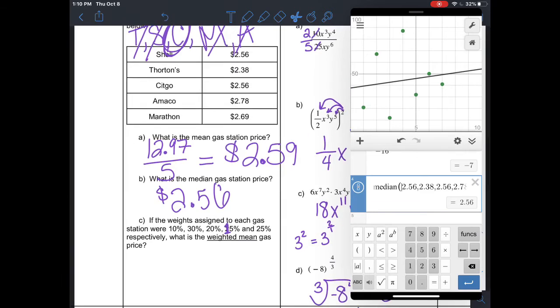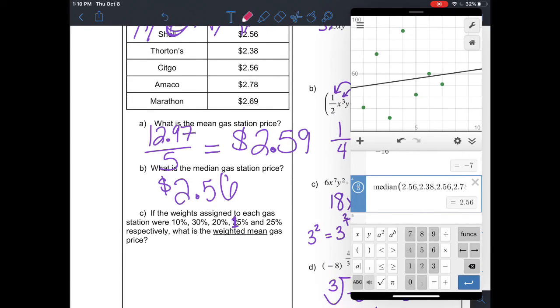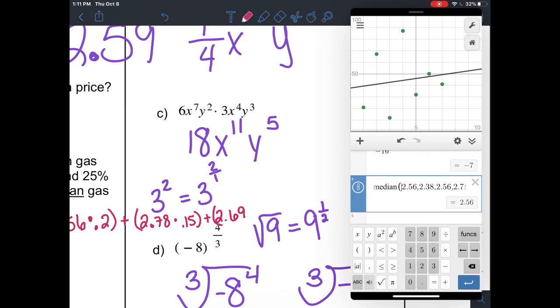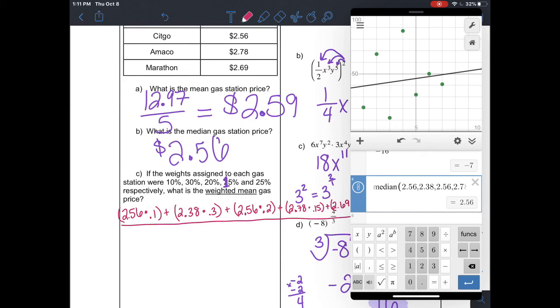So for this one, we will list Shell is $2.56 times 10%, which is 0.1 as a decimal, plus Thornton's gas price, $2.38 times 0.3, which is 30% as a decimal, plus Citgo's price times the 20%, plus 2.78 times the 0.15 for my 15%, plus $2.69 times the 0.25 for 25%, divided by the sum of the weights.